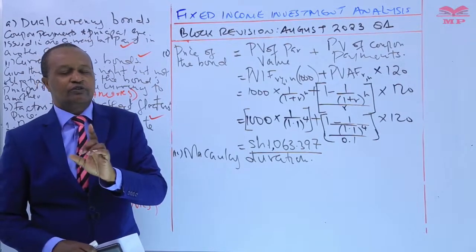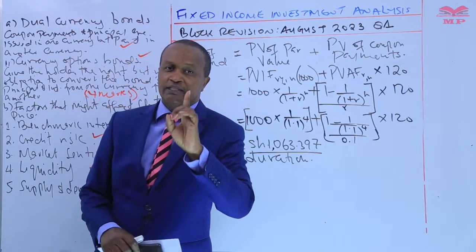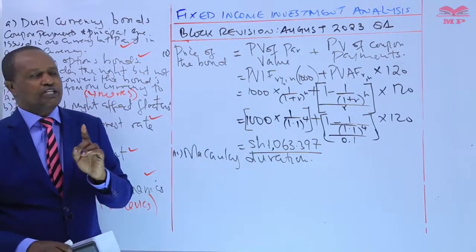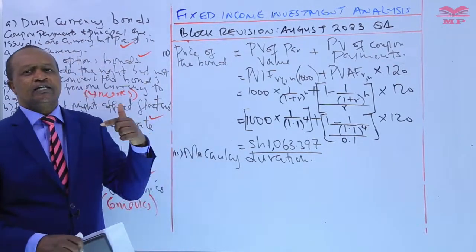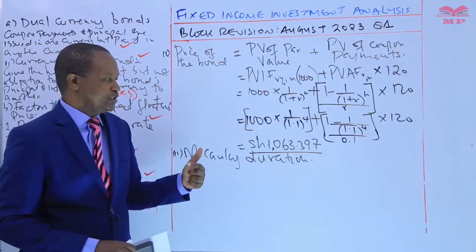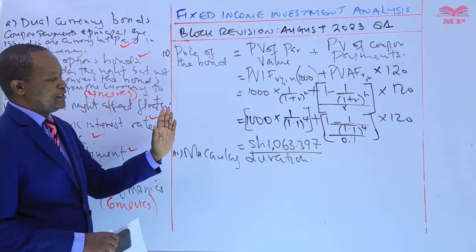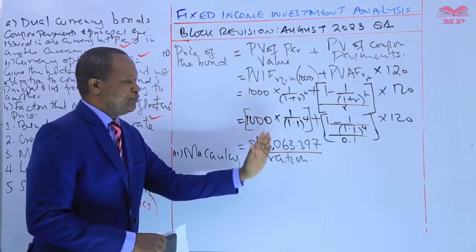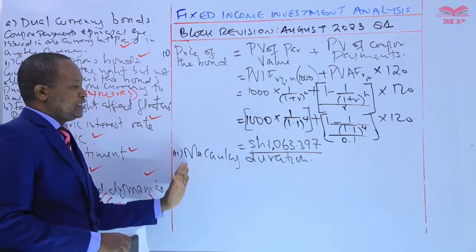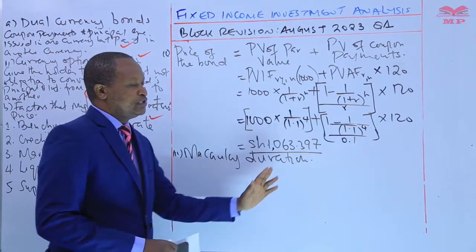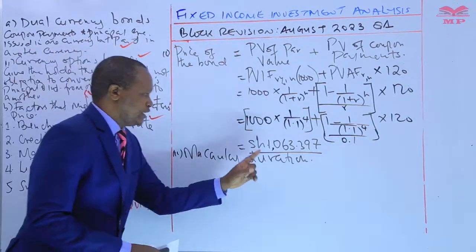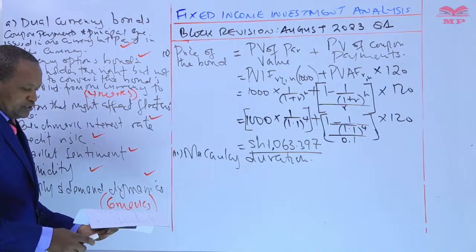The cash flows include the principal and the coupon payments. And we use a weighted present value, which means you are going to have the present values, then we compute their weights, then we multiply the weights with the period to determine the Macaulay duration. So that is the formula.